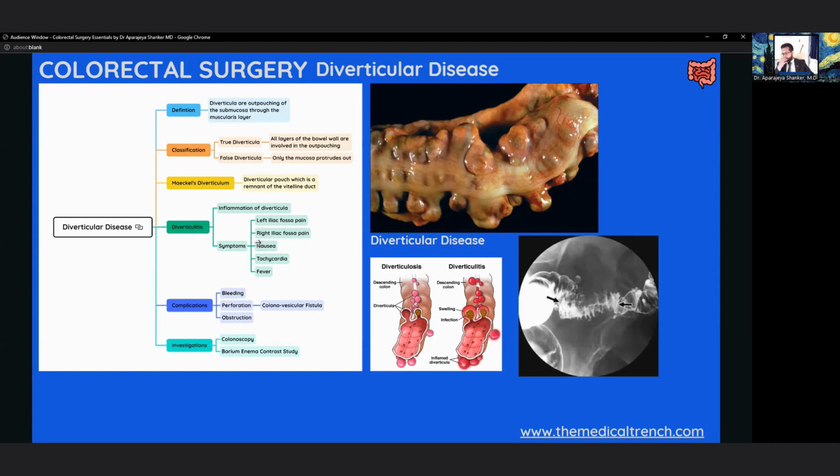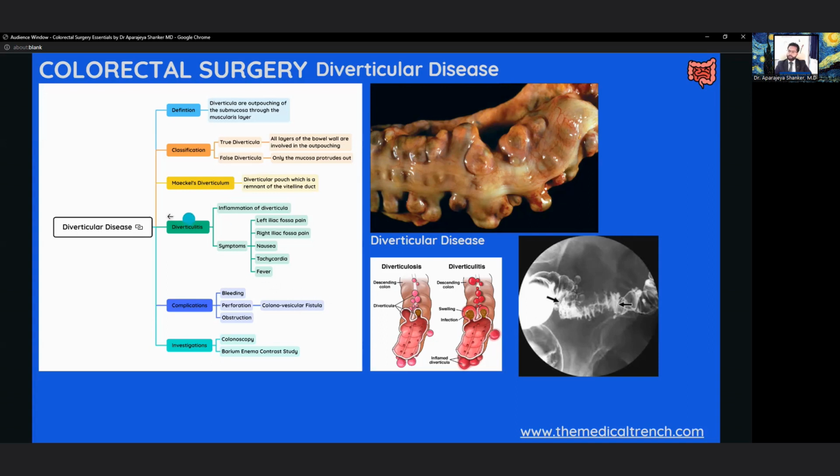In a lot of cases, though, you may also have perforation, right? And this perforation can sometimes lead to something called a colovesicular fistula. That means that there's a connection between the perforated diverticulum in the colonic wall and the bladder. And in these patients, they will have symptoms when their urine has a lot of gas in it. And this is entirely due to the connection between the colon and the bladder, right?